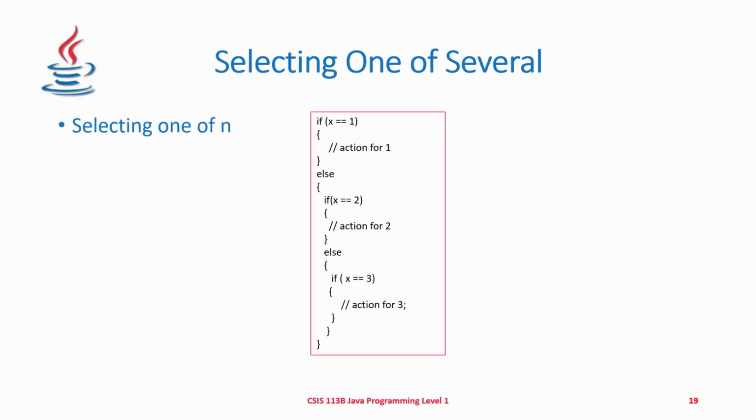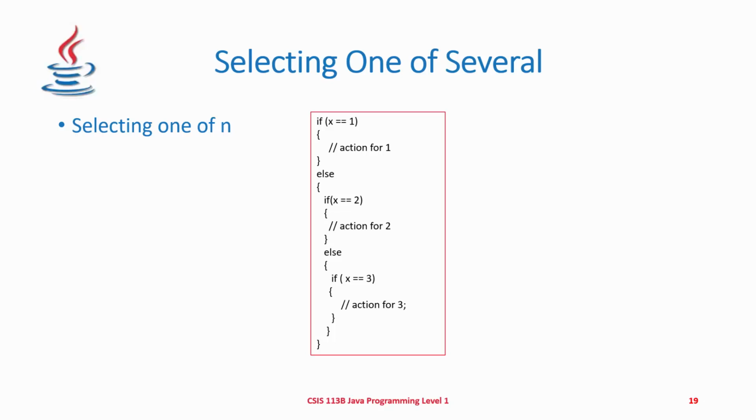Here's an example of a way that you might choose to select one of several options. It's not the most efficient way. I'll start out by telling you that. So in this case, we're using an if to compare x to 1. If that is true, then there's an action for the value being 1. Then we jump to an else if it were false, and then do another check using an if, comparing it to 2.